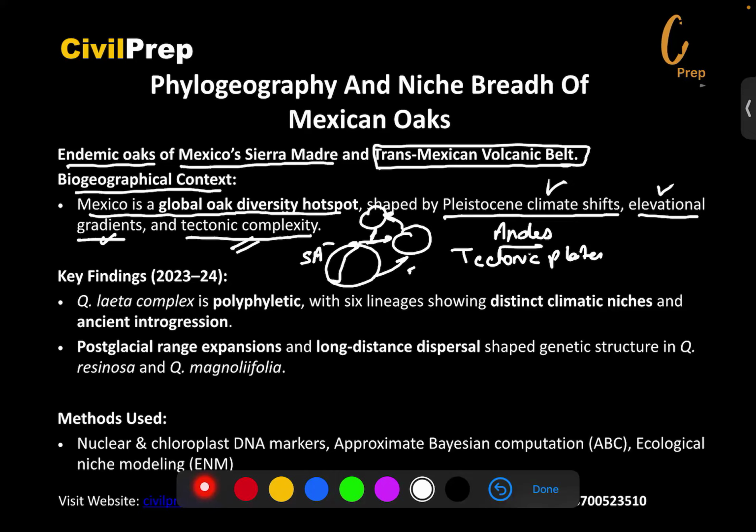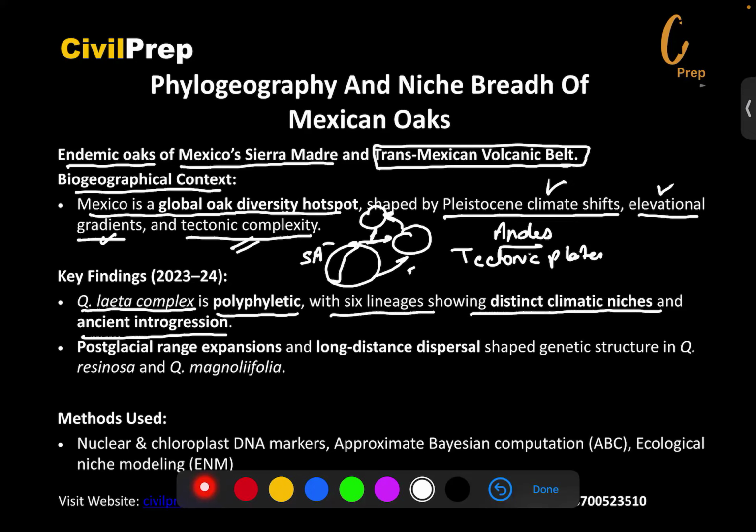Next, with respect to key findings, here the Quercus lineage complex is polyphyletic with six lineages showing distinct climatic niches with ancient introgression. Okay, so what it says here is that this is a polyphyletic species.